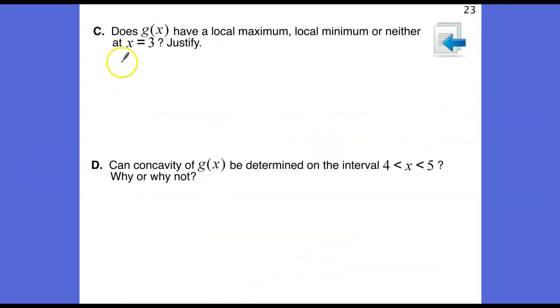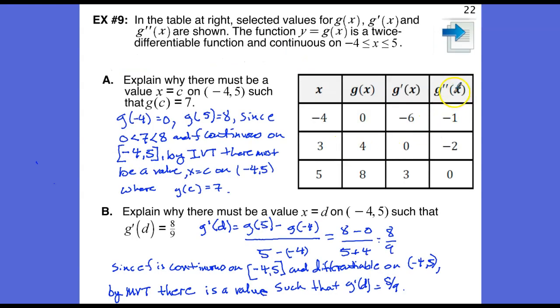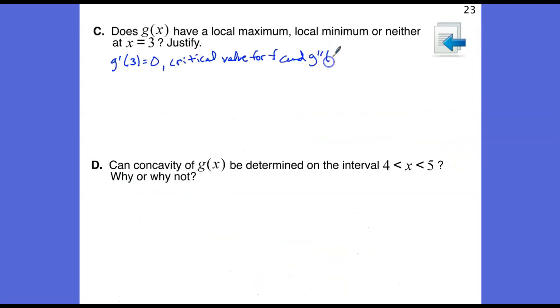So that means that 3 is a critical value for g. Let's write g prime of 3 equals 0, and that is a critical value. And g double prime of 3 equals -2.